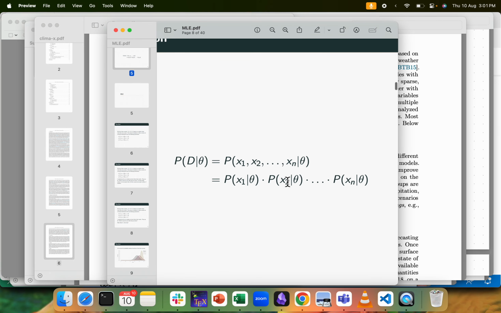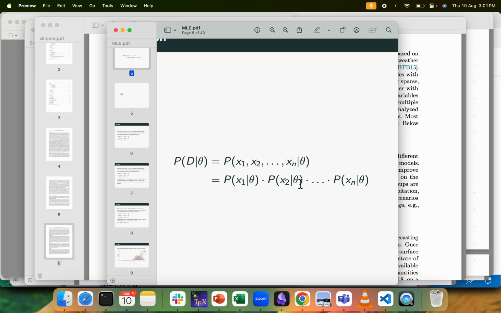Probability of data given theta, we can factorize it as x1 given theta, x2 given theta. So the probability of 2 students obtaining 72 and 82 marks belonging to a particular class is the probability of getting 72 given that class multiplied by the probability of getting 82 given that class.